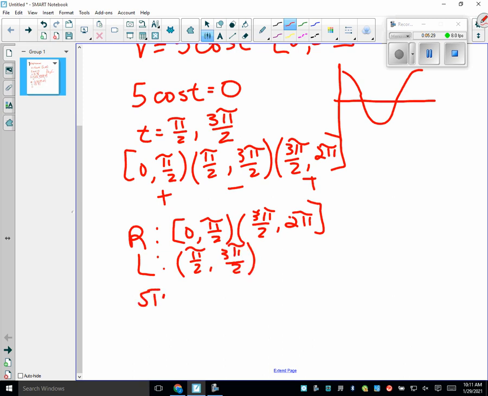The first question I ask is, where is it stopped? At pi over 2 and 3 pi over 2. And it just stops for a microsecond there when it turns. But it cannot turn around without stopping. Right?